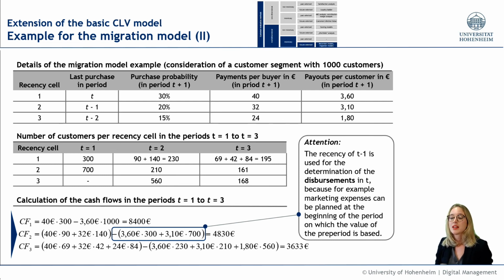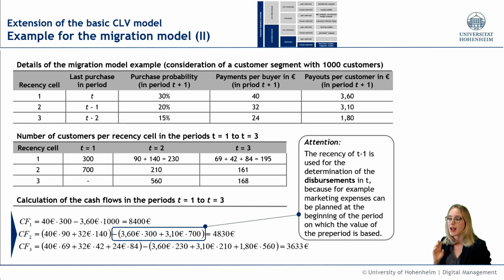And then we deduct the costs. So we deduct the costs for the 300 customers who were in recency cell number 1 in the previous period, and we deduct the costs generated for the 700 customers of the different recency cells, so of recency cell number 2, multiplied with the costs, so with 3.10 euros. So that's the logic here.